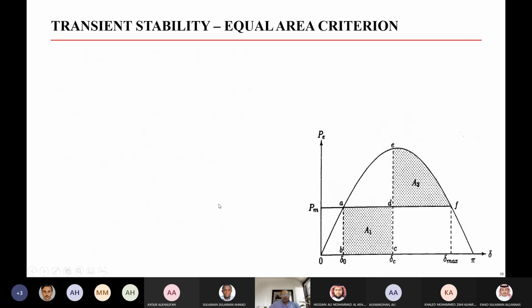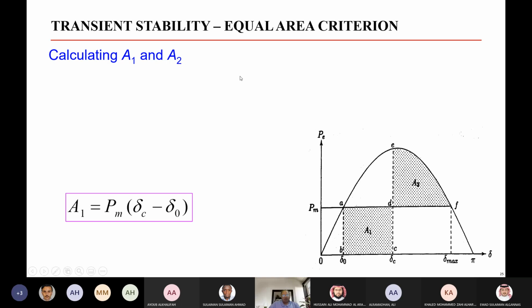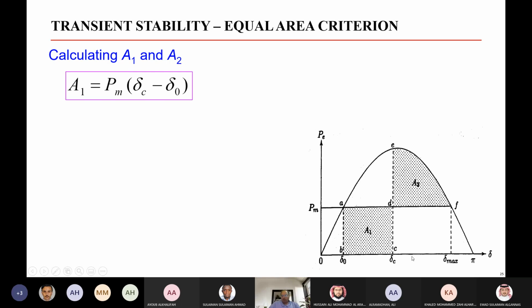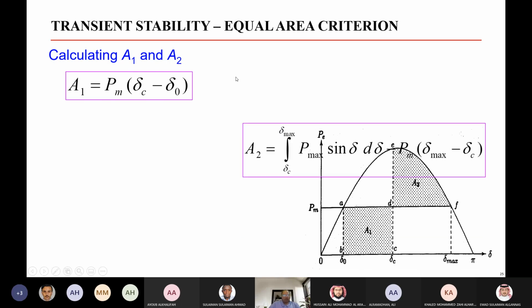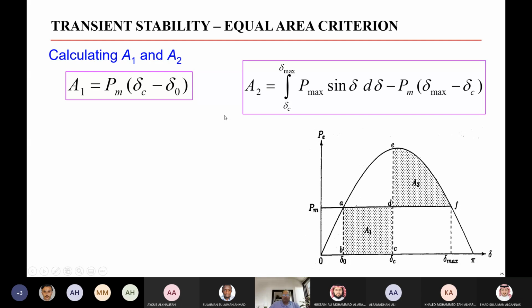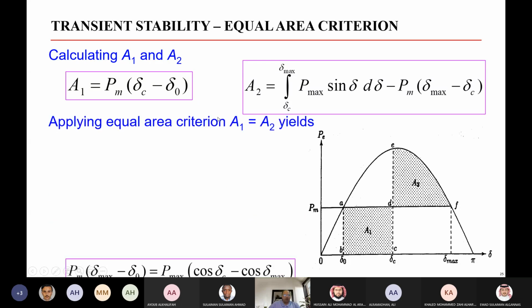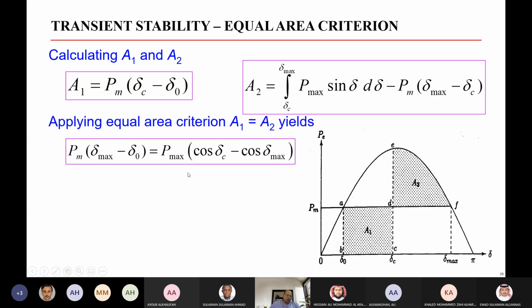When we have this, of course, you can get the area of this, Pm times delta C minus delta 0, which is A1, and A2 the integration from delta C to delta max. Now we have A1 equal to A2, and delta max is known, Pm is known, delta 0 is known, Pmax is known.